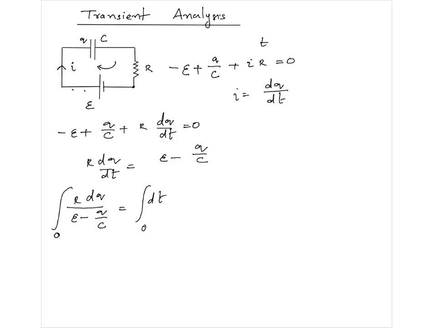So understanding the derivation is very important. 0 is what we are assuming as the initial charge in the capacitor. When t is 0, Q is 0. At an instant t, the charge is Q. Capital R is constant. Integral of 1 upon E minus Q by C.